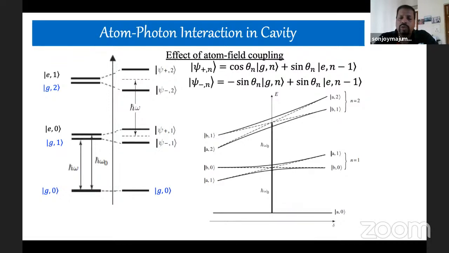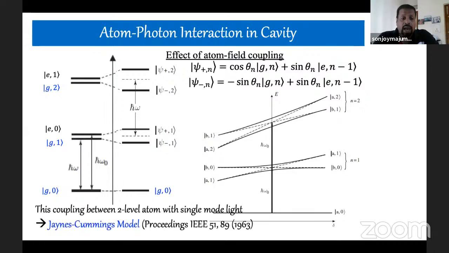So what you understood is that using this kind of system, coupling between light and atom, we could get one of the beauties of quantum systems, the entangled state.